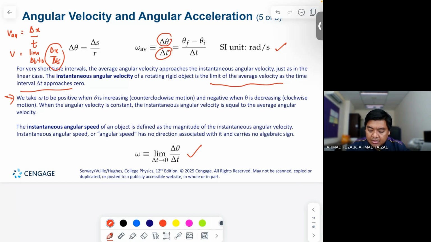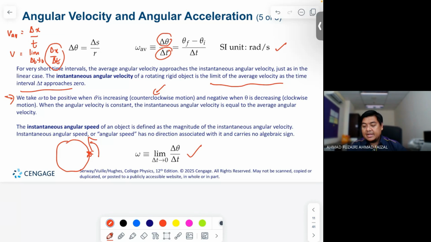When theta is rotating in a counterclockwise motion, the value of omega should be positive, because you can see that theta is increasing.